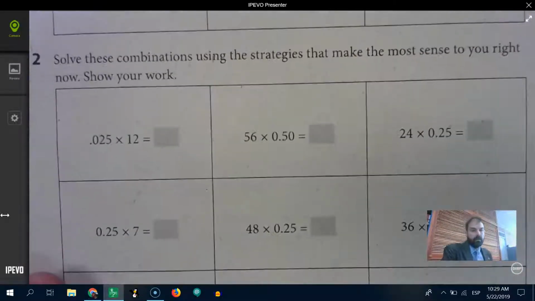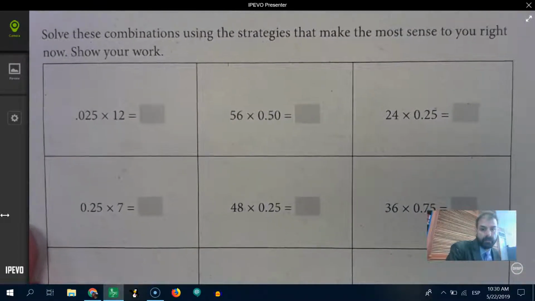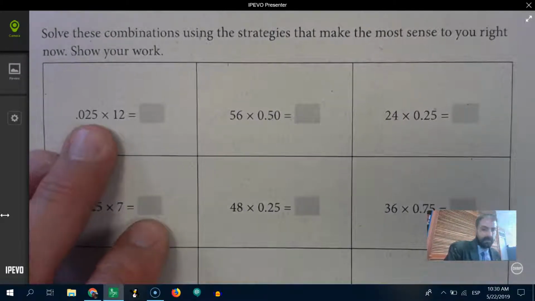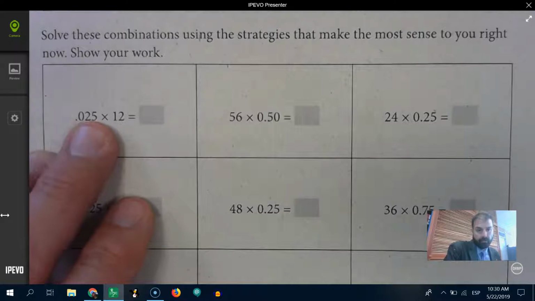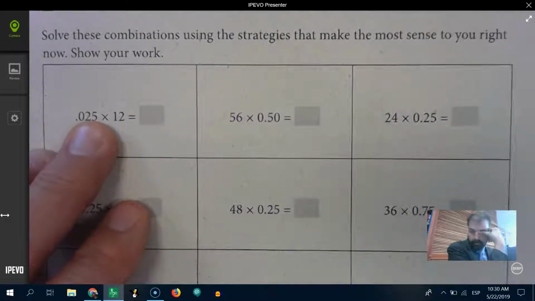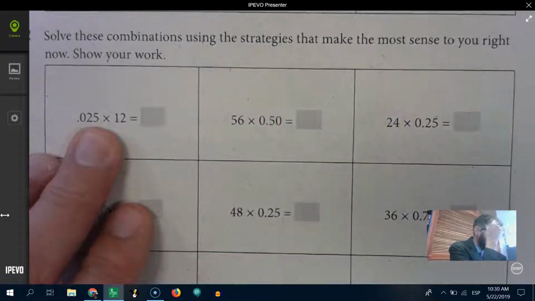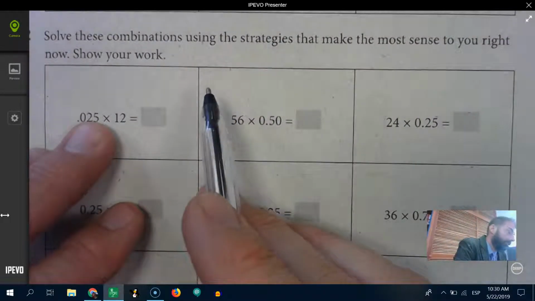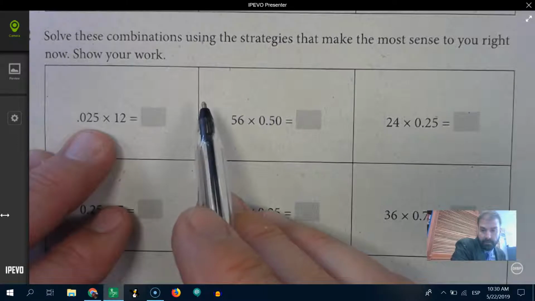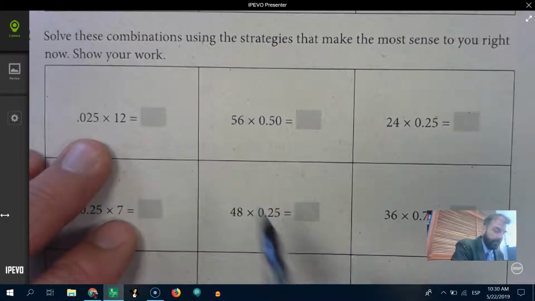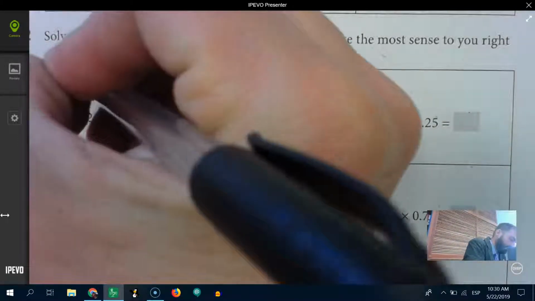All right. Solve these combinations using the strategies that make the most sense to you right now. Show your work. Alright, so this is 0.25 times 12. Well, 0.25 is a quarter, which would be 3.